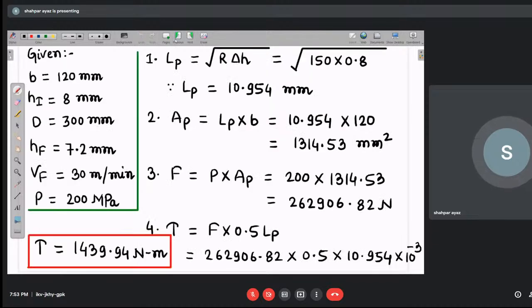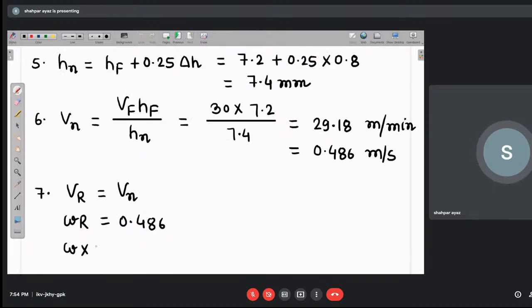Radius is what? Diameter is given 300, means 150. In meter it is 0.15. Correct. So now we have just the omega, guys. 0.486 divided by 0.15 is 3.24 radian per second.